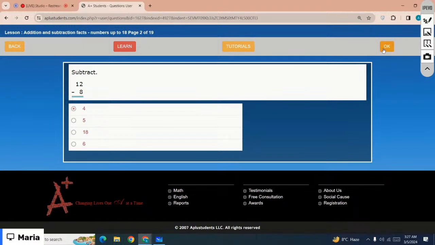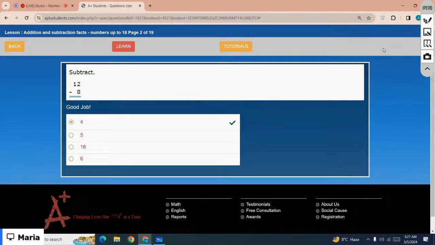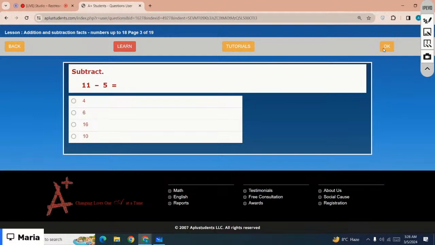The correct option is 4. 11 take away 5, which is the correct option?